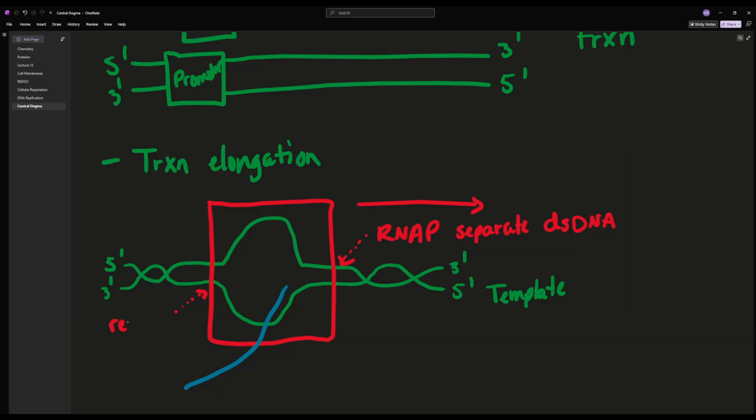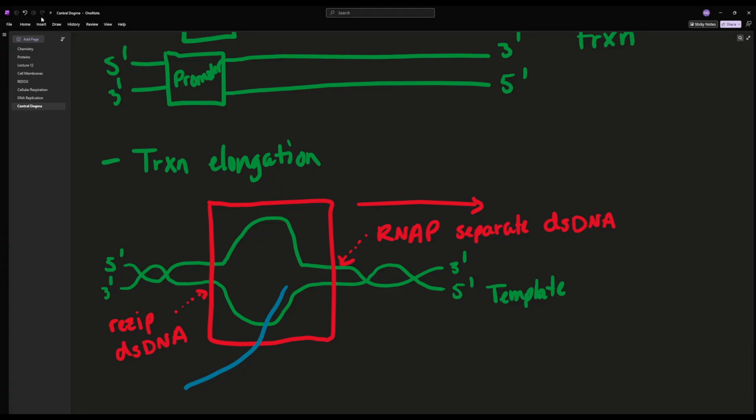So it's going to re-zip up the DNA. Okay. And so inside, we're going to get that bubble that's going to move along. In front of it, we still get our double strand. And behind it, we still get our double strand. But inside RNA polymerase, we get this little bubble.